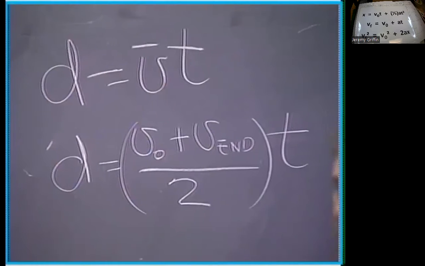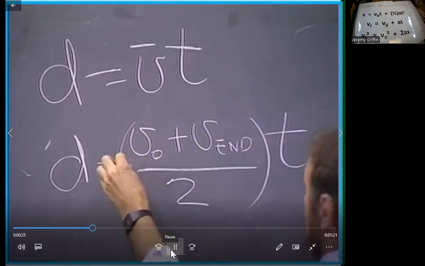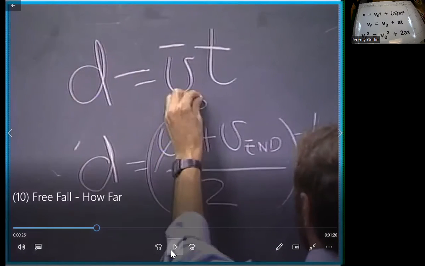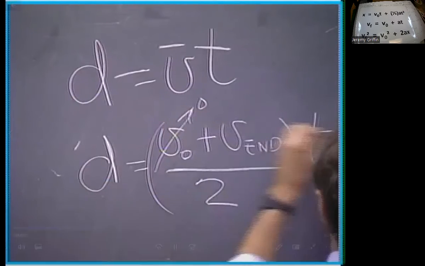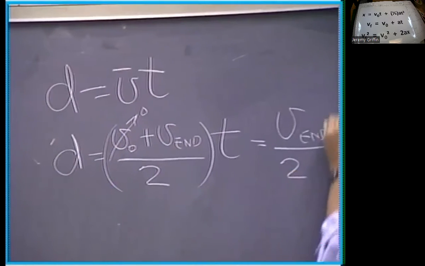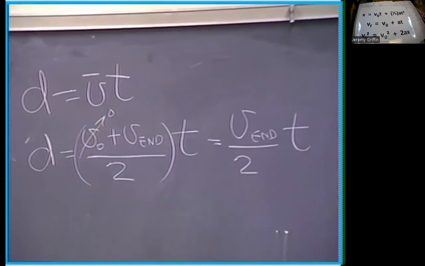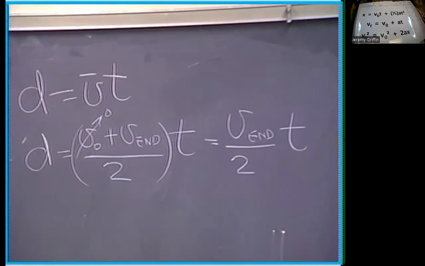But we're always going to take the case where the initial speed is 0. Well, not always, but just for this example, right? So it leaves from rest. So we're simply going to end up with the speed we end up with at the end of any time interval divided by 2 multiplied by the time. And what's the speed that an object will have after it's fallen? Just in general. For 1 second, we know it's 10.